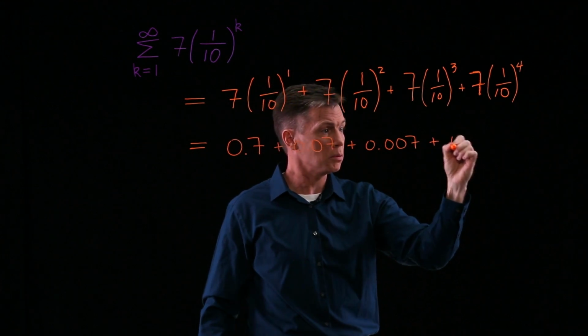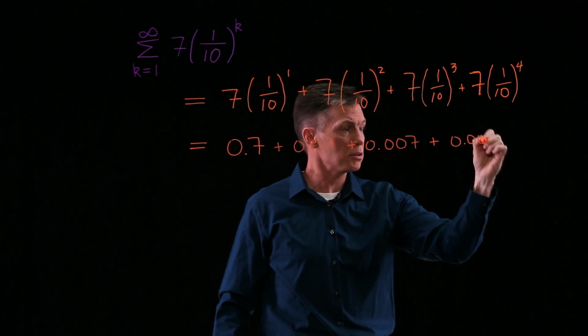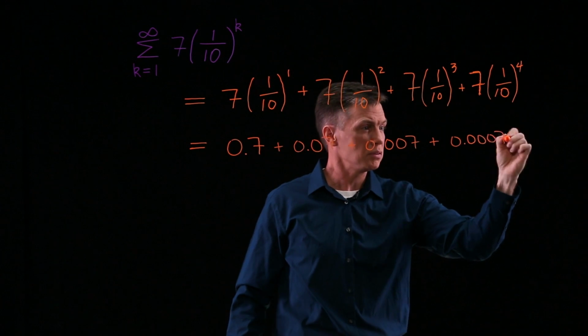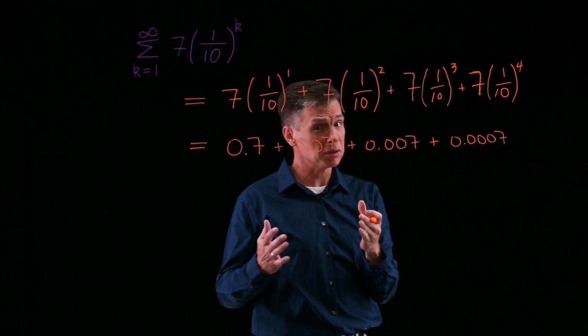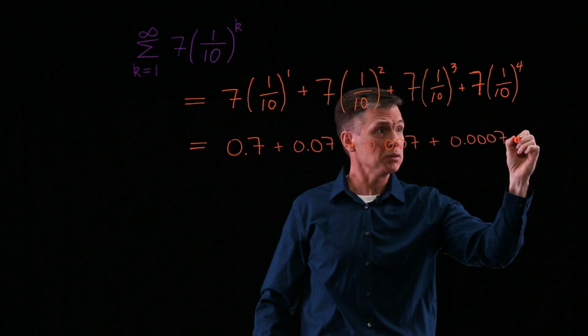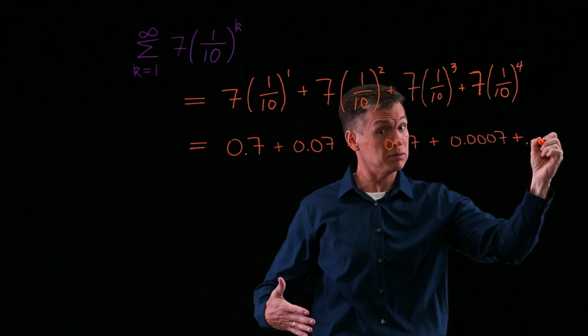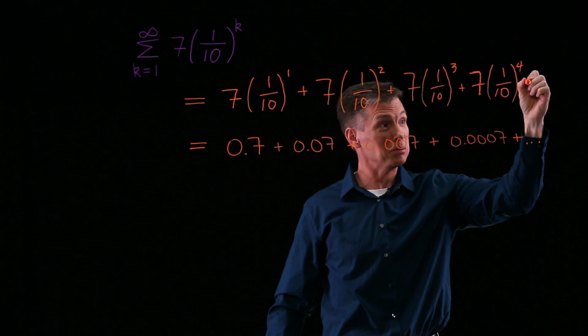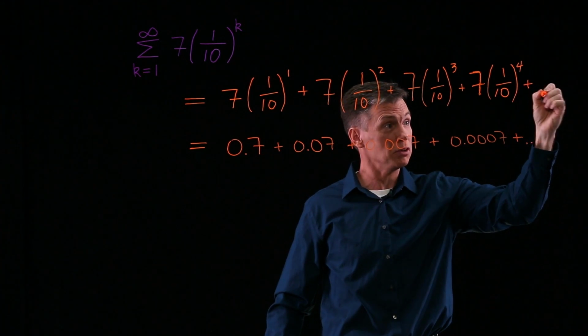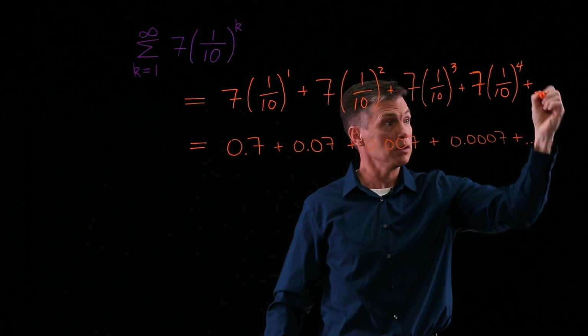And if I go one more with that fourth term, see why the decimals are showing me a little bit of a pattern? It's plus dot dot dot, because it does go forever.